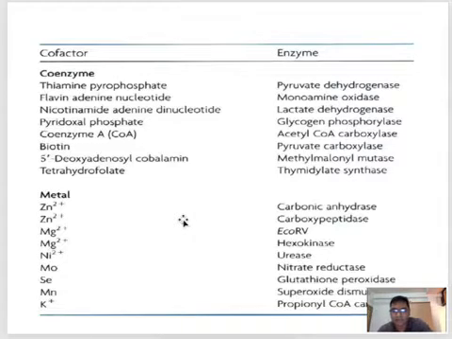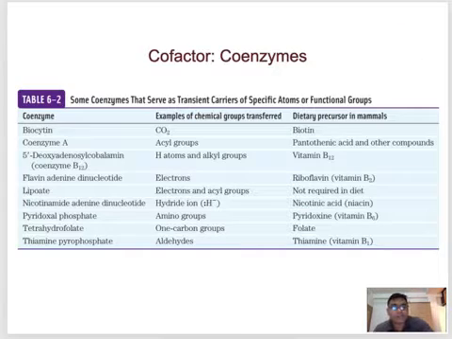Just one or two will be good enough. This is tough, I can understand. The next table also shows some examples of coenzymes, and what kind of chemical groups they transfer during catalysis. For example, coenzyme A can transfer acyl groups. Again, you don't have to memorize these things.